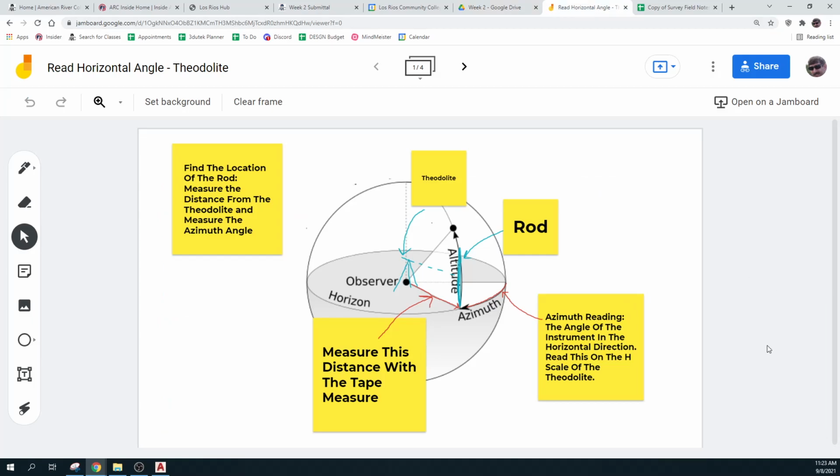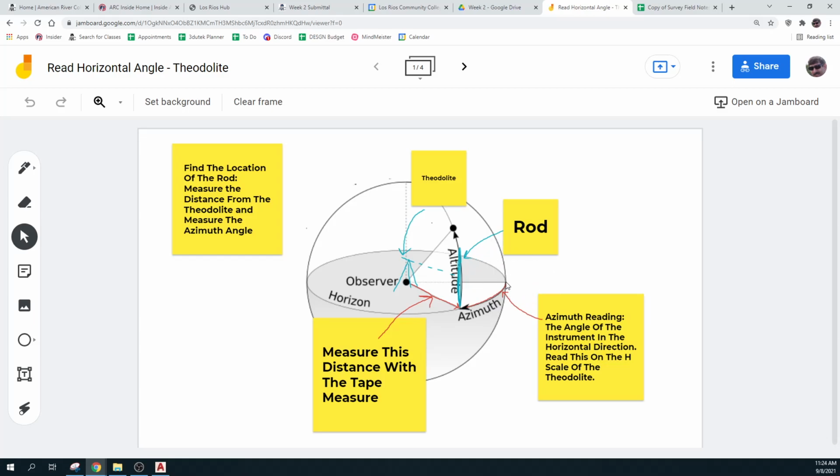We're going to work on azimuth angle and distance. So we know how to set up the theodolite. We know how to place a rod against a wall. And I'm going to pretend there's a zero angle somewhere over here, and I don't know where it is. It depends on where you set up your machine. We don't really care where zero is, because later on we're always going to reference to some known points.